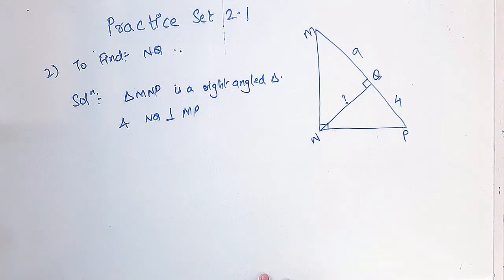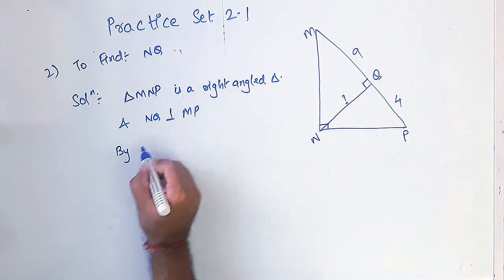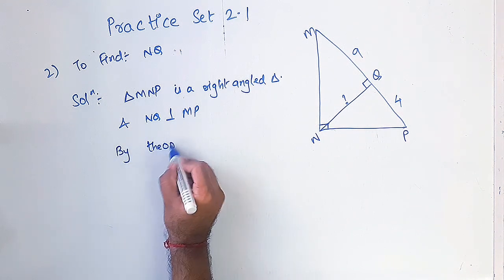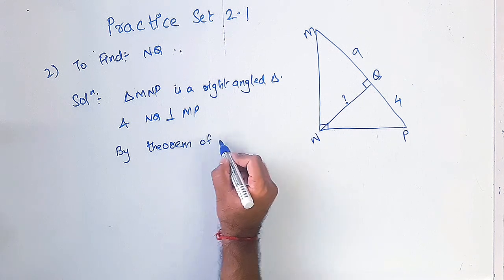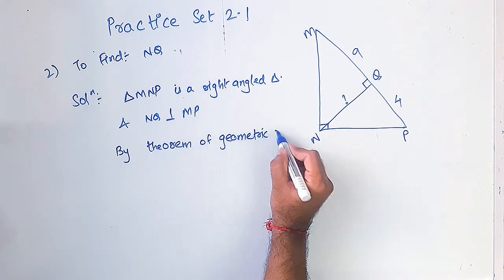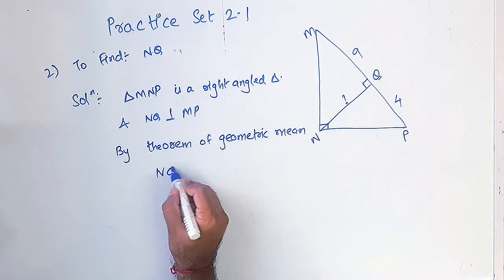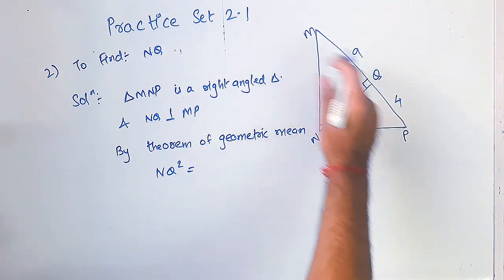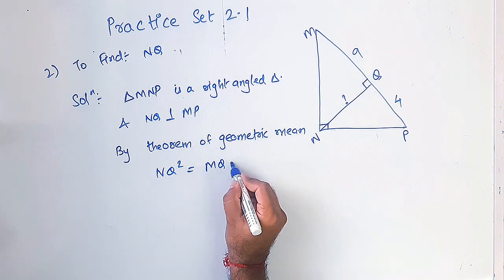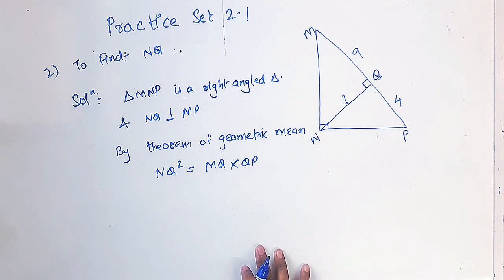So in such a case we can apply geometric mean. By theorem of geometric mean, NQ square is equal to MQ into QP. This is how the theorem of geometric mean goes. Simple.